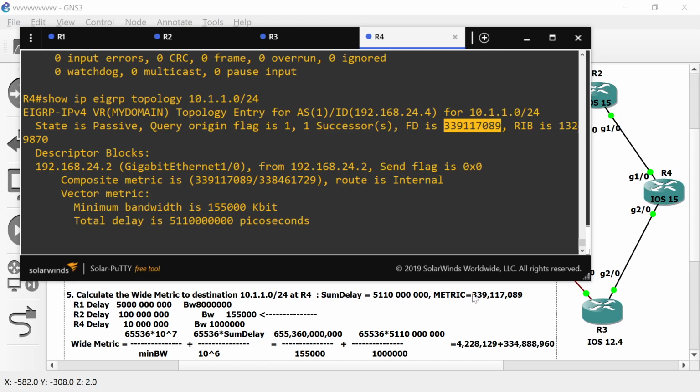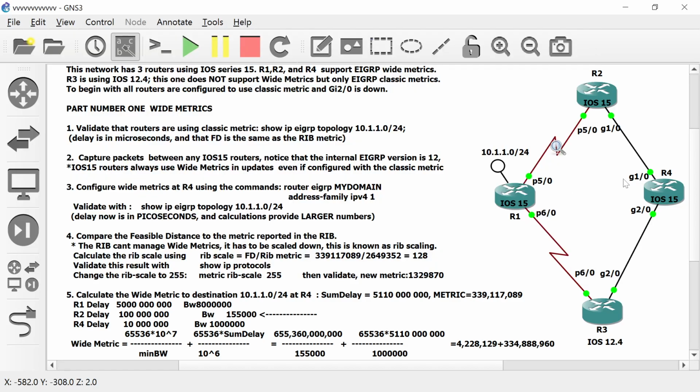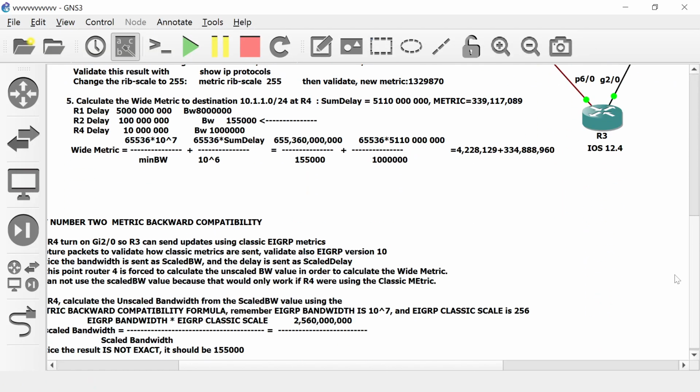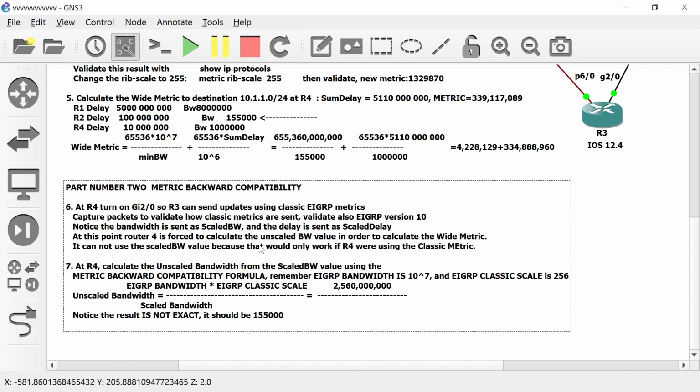So in the next part of the lab, we will enable router 3 to advertise prefixes into router 4, and we'll have to deal with the metric backward compatibility.